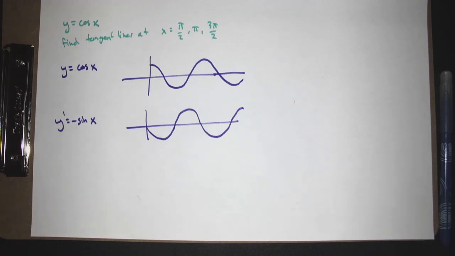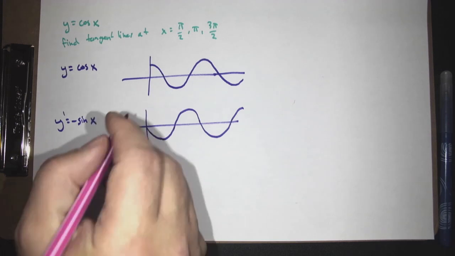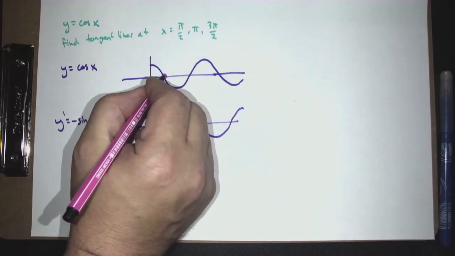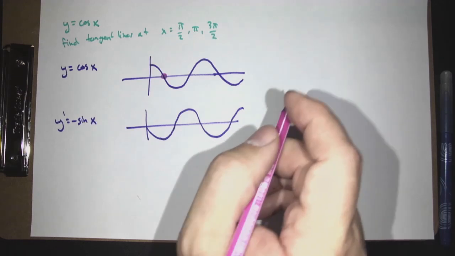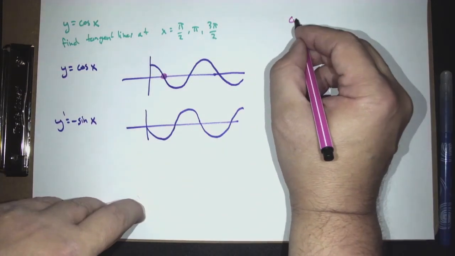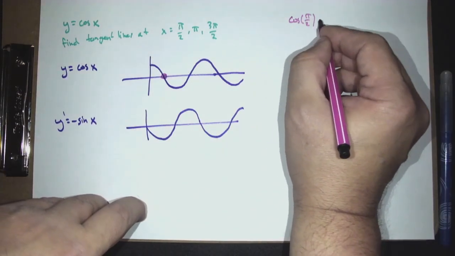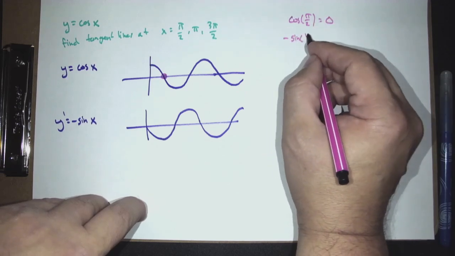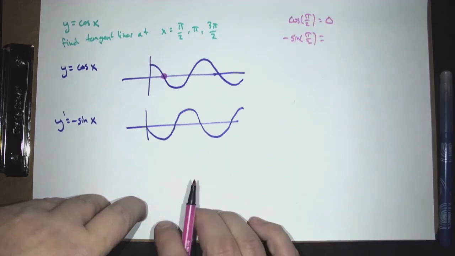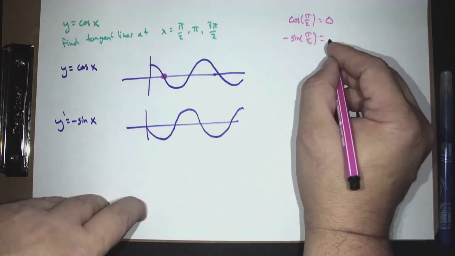So x equals pi over 2. That's right there. So what you can do is you can say, well, cosine of pi over 2 is 0. Negative sine pi over 2 is what? Negative 1.